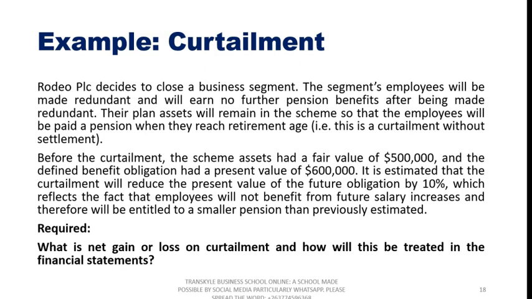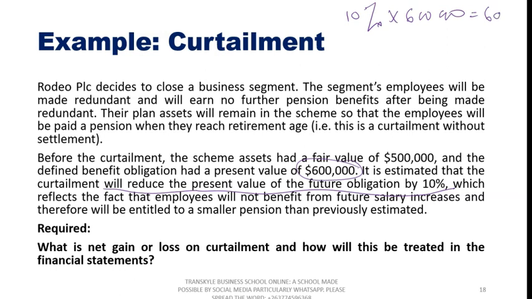So in short, the obligation is to be reduced by 10%. This statement is telling us that the defined benefit obligation is to be reduced by 10%. Remember, the obligation was 600,000, so it is going to be reduced by 10% of 600,000.